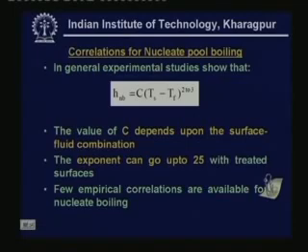Even though I have shown the exponent here as varying between 2 to 3, it can go up to 25 with treated surfaces. That means with enhanced surfaces you can get very high heat transfer coefficients. The exponent can go as high as 25. A few empirical correlations are available for nucleate boiling.